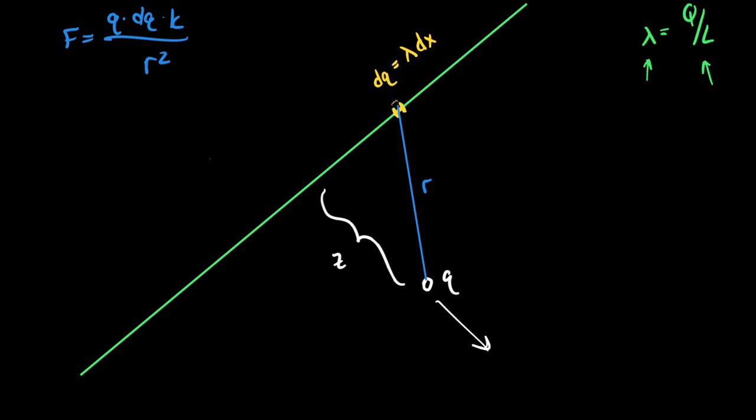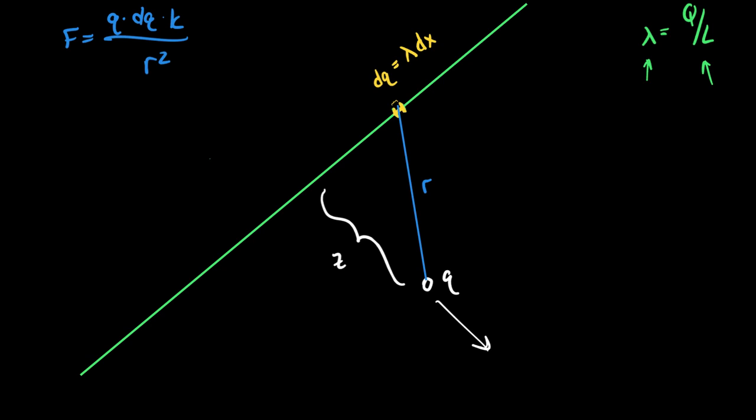Now, of course, every piece of charge is going to have a different R. You guys noticed that, right? So the next thing you want to try and do is see if there's a way to define your values in this function in terms of things that you could easily identify in the problem.